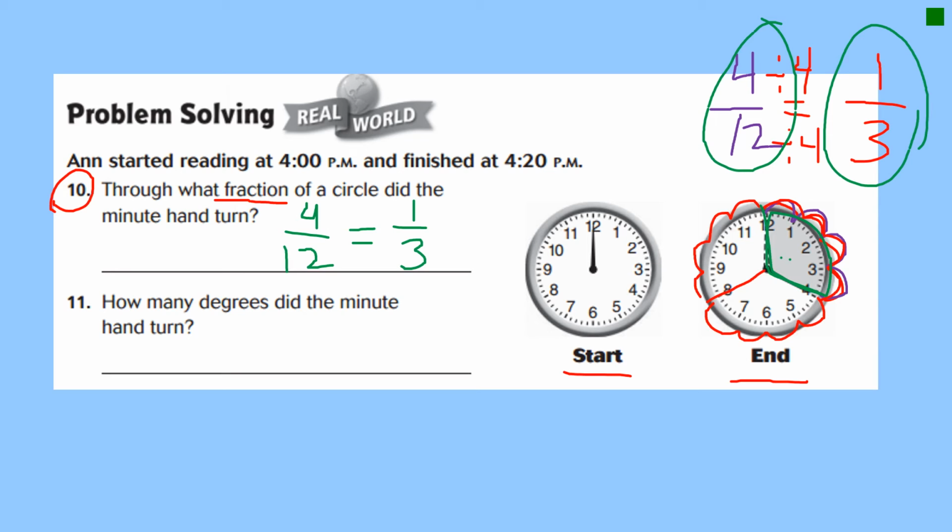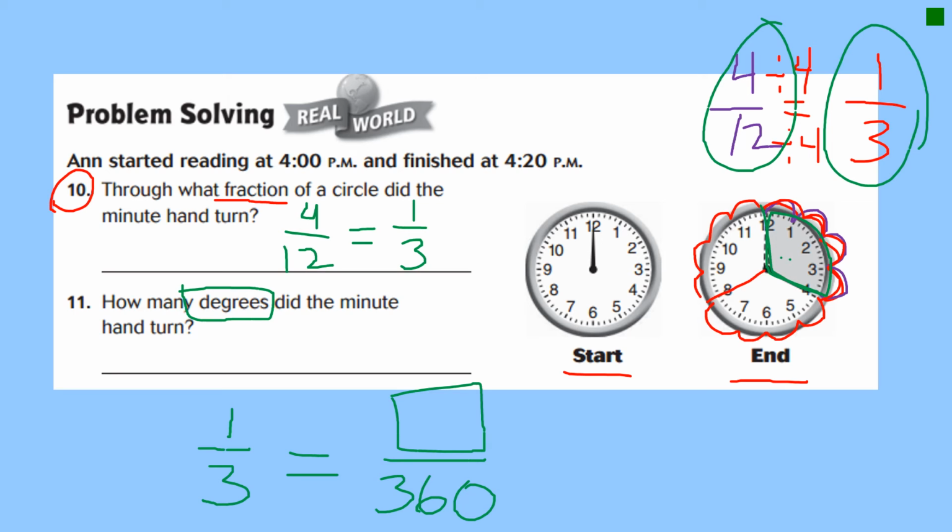All right, so let's go back and think for a second. Because now we're working in degrees, how many degrees are in a whole circle? 360, right? Okay, so 1/3 equals how many out of 360 degrees?